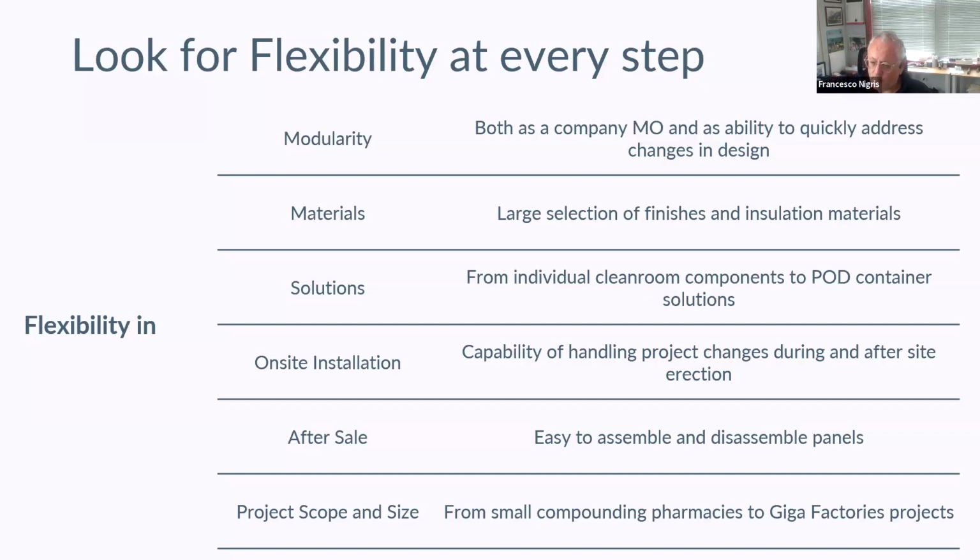Buying material from company XYZ and having company ABC install it may lead to certain problems, in that for any changes the installer says, we were not in charge of this, we were not told that we had to do this, this is not our problem, get a change order. If the crew installing it is the same as the manufacturer, and there are any changes, this is what happens with us: they're going to call us. You need an extra panel, you need a change of the panel. Let's do it. And in 24 hours, these are changes that can be done.